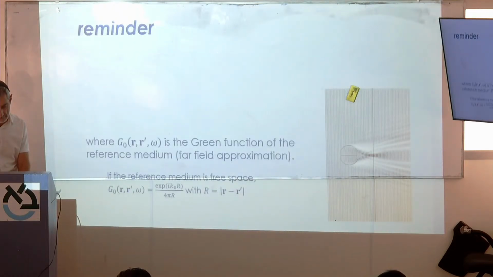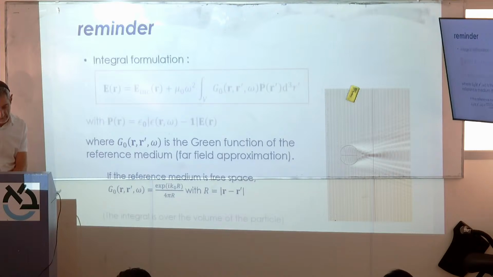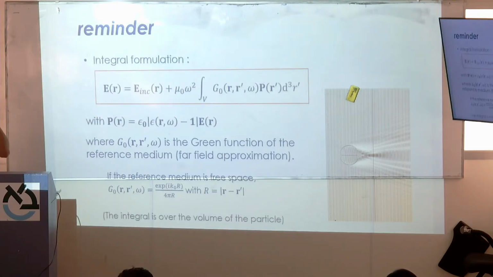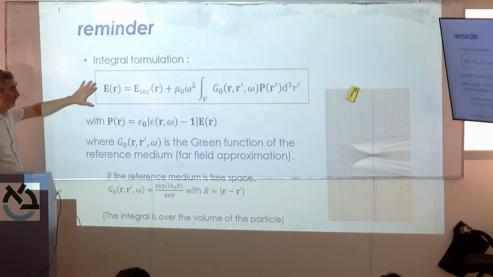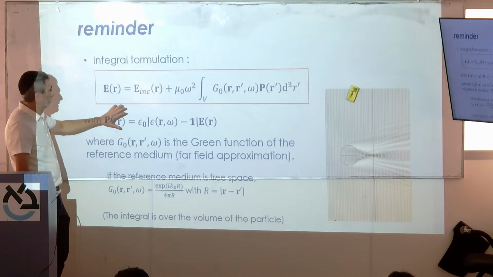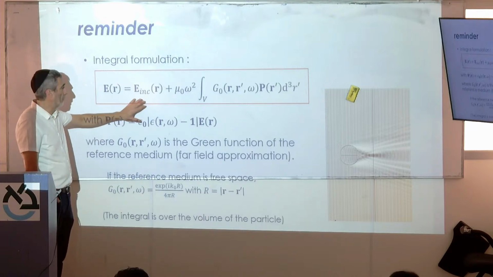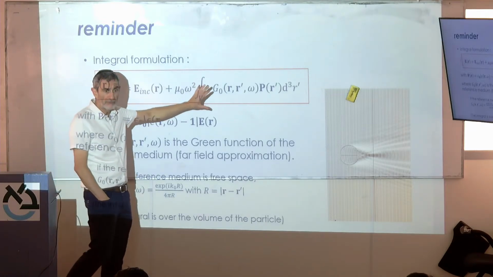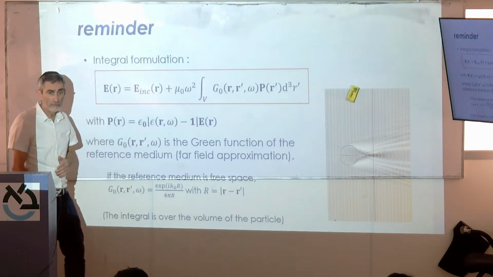Just a reminder. That's the integral formulation that we wrote last time. If you remember, the field anywhere in the system is the sum of the incident field plus a term which represents the field scattered by the scatterer.